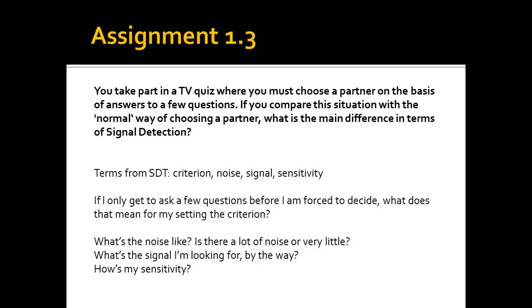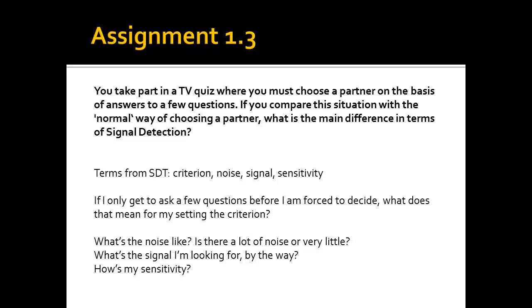But also all the activity going on inside of my own body and inside of my own mind that is irrelevant to figuring out if this person might be a good partner. For example, things like my own excitement of competing in the game show. So if I only have a few questions at my disposal, there's likely to be a lot of noise left by the time I have to decide.